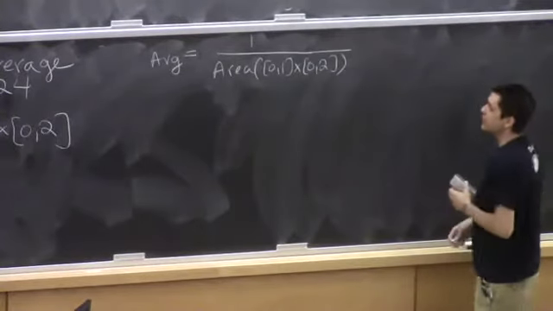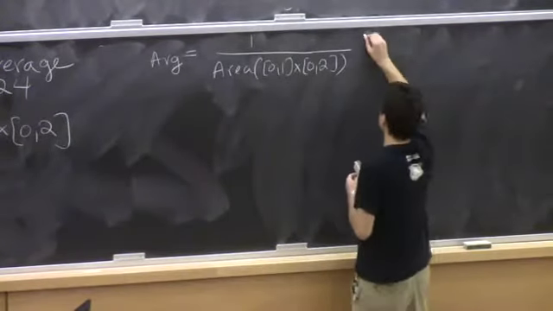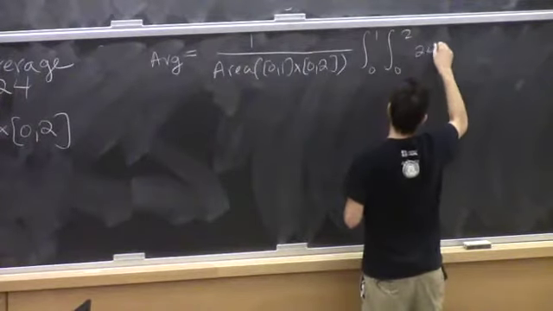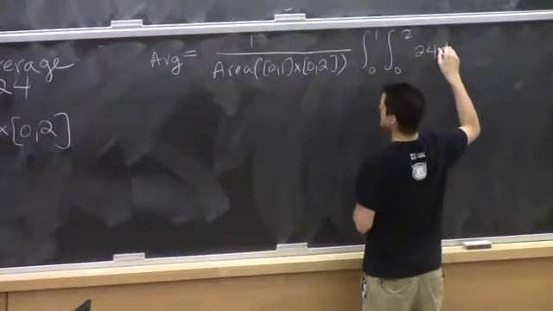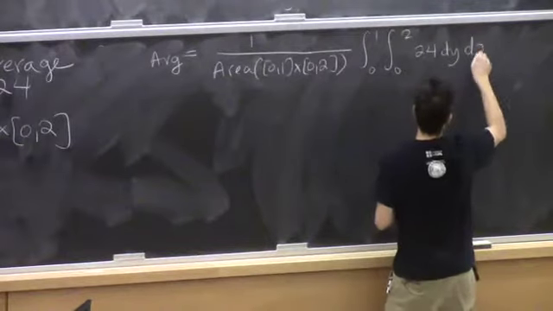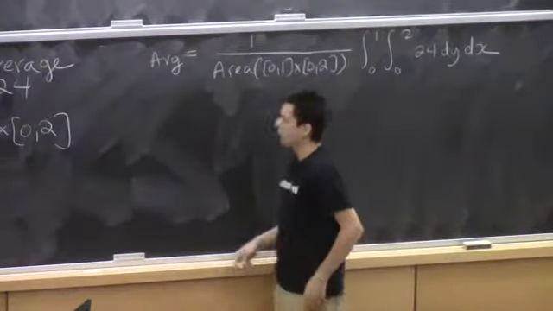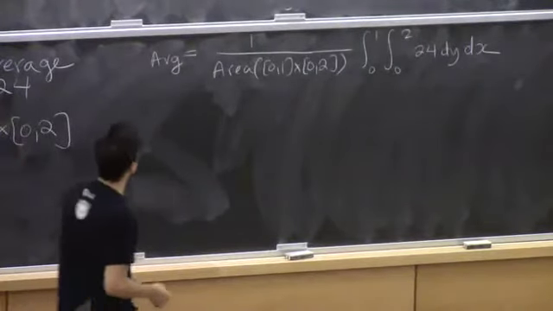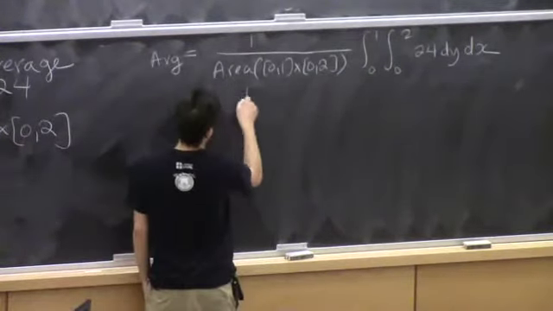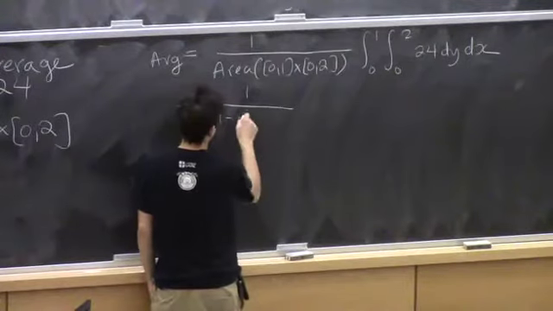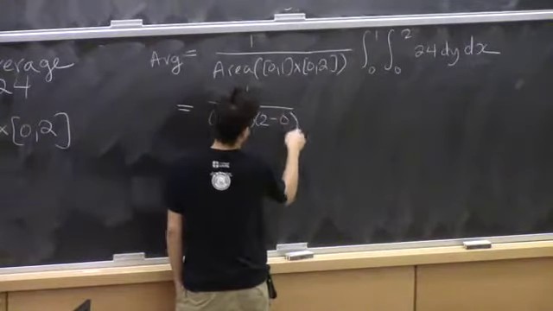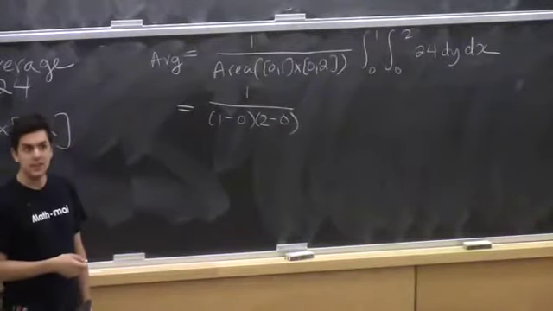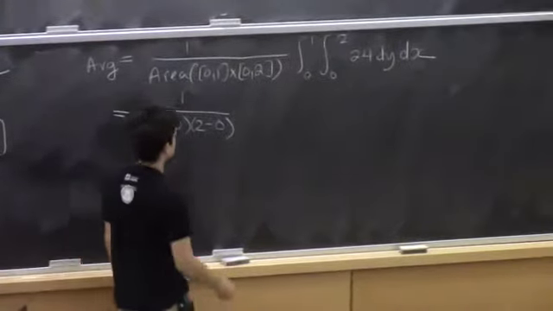Okay, the area of that times d. Okay, so now we calculate out the two parts. Okay, so the area is length times width. So we get this expression here.